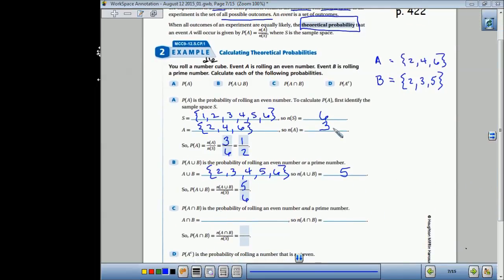Okay, the intersection. Which ones do they have in common? Just 2. So there's only 1 element in that set. So the probability of the intersection of A and B is 1/6. There's 6 sides on a die, numbers 1 to 6.